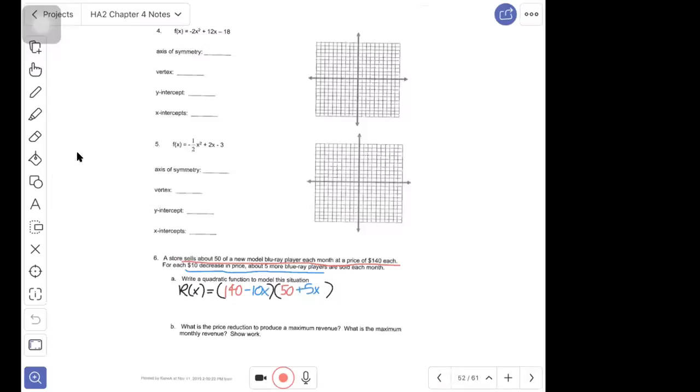Hi, Ava, do you have a question? Yeah, I have a question about the 4.3 and 4.8 paper. On the review worksheet, is that what's posted in Google Classroom right now? It should be. Yes. Can you see it? Yeah, I can see it.